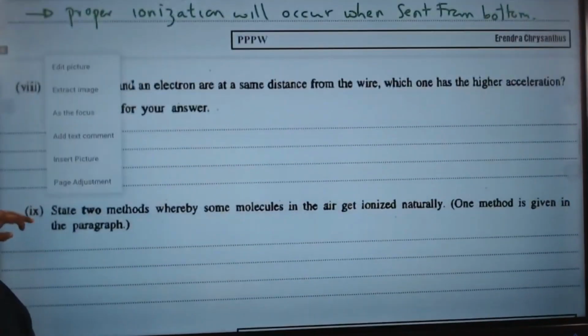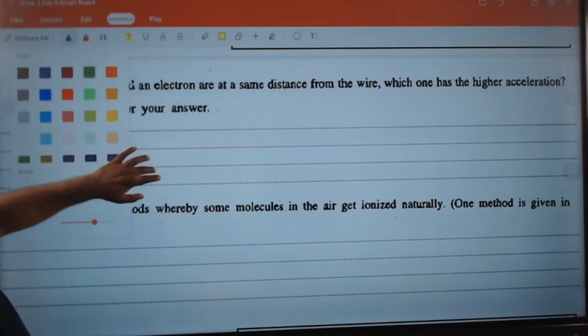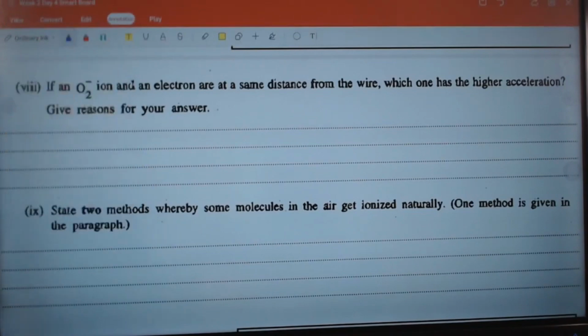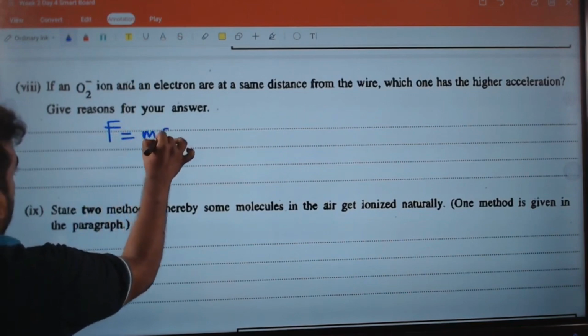Next one. If an O2 ion and an electron are at the same distance from the wire, which has the higher acceleration? Give reasons for your answer. Now, very basic idea. Force equals mass times acceleration.